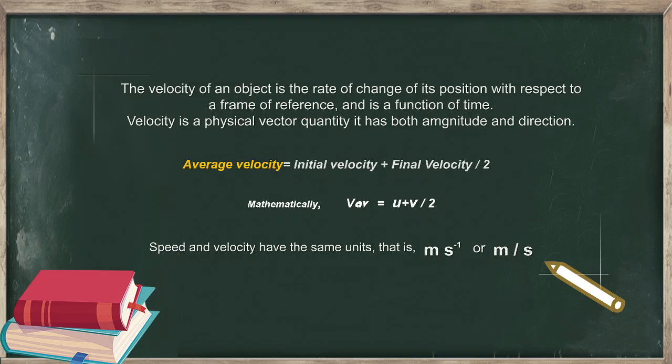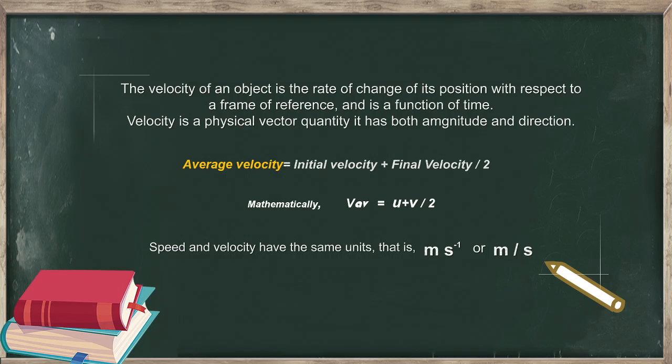In case the velocity of an object is changing at a uniform rate, then the average velocity is given by the arithmetic mean of the initial velocity and final velocity for a given period of time, that is, average velocity is equal to initial velocity plus final velocity divided by 2.